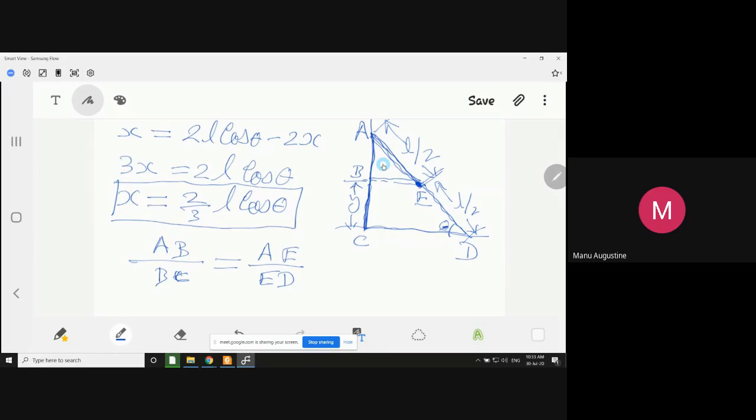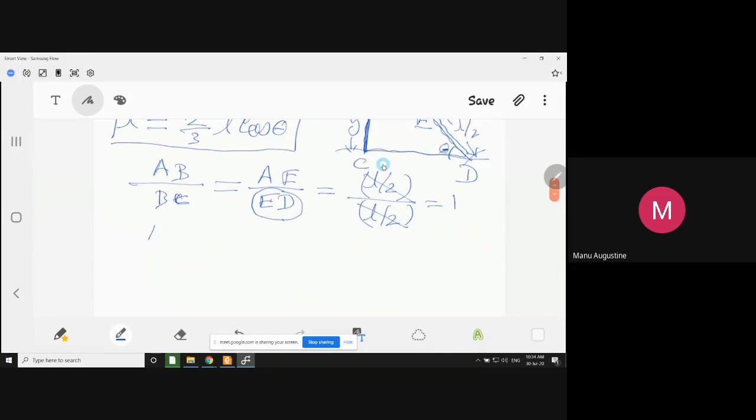AE is L by 2. So I can simply put it as L by 2. What is ED? ED is also L by 2. So what is the ratio AE upon ED? They are both the same. So this is equal to 1. So I will take it further on. AB by BC is equal to 1. This is what I get.